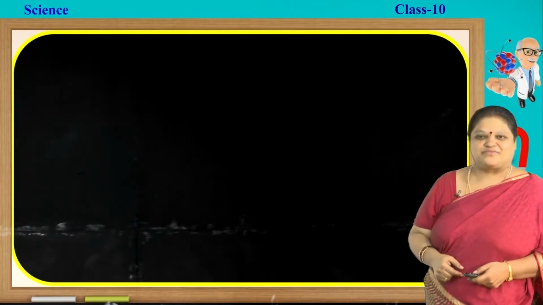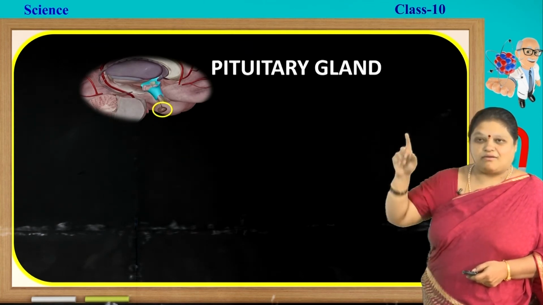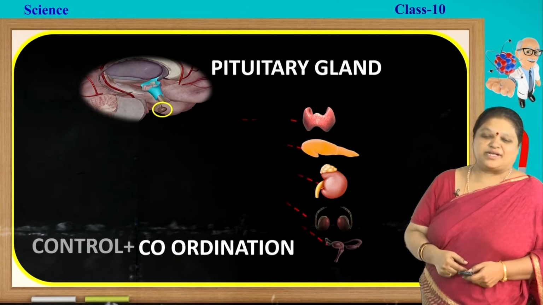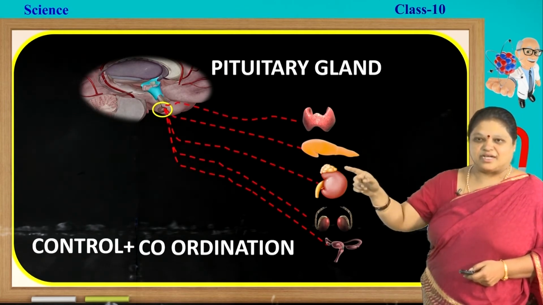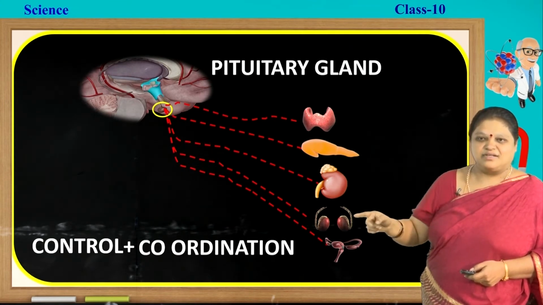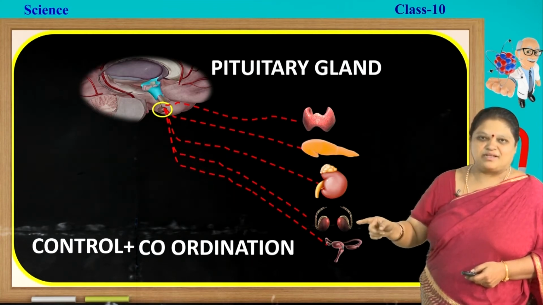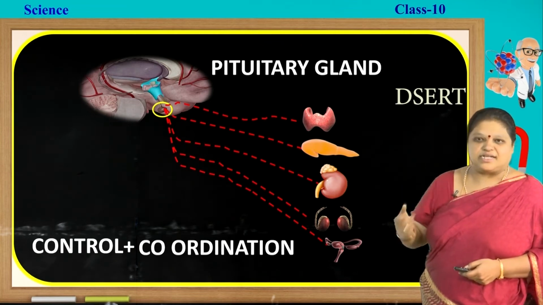Let us see what its functions are. This pituitary gland controls all the other endocrine glands. It controls the thyroid, the pancreas, the adrenal gland, and the gonads, that is the male testis and the female ovary. So, it controls all these and coordinates with them.